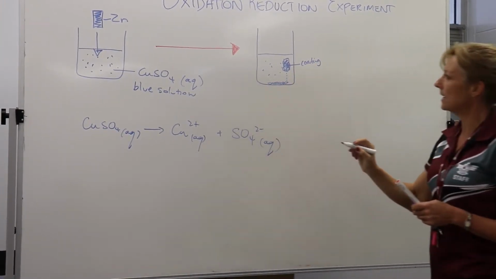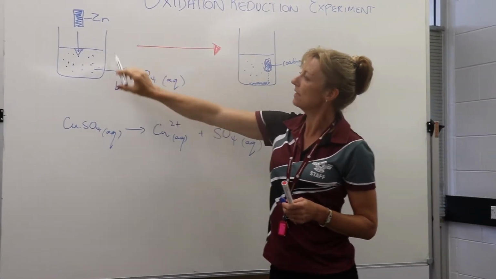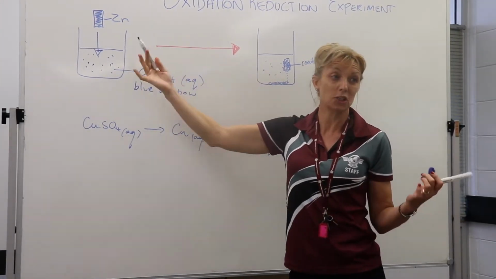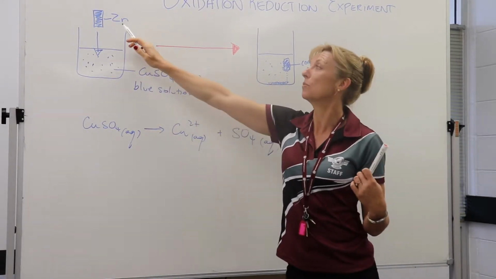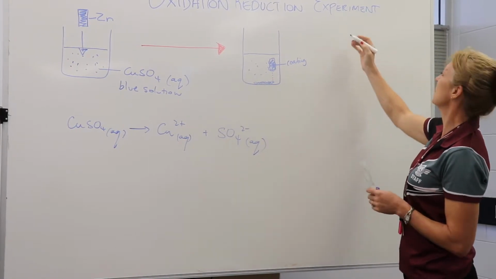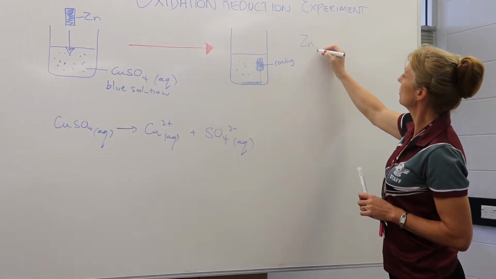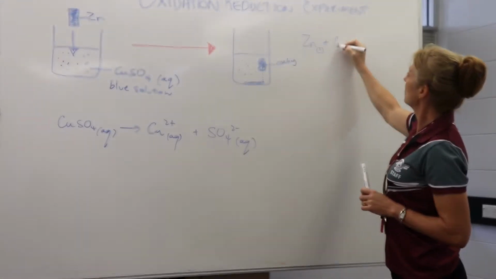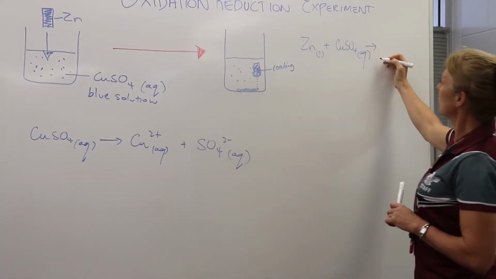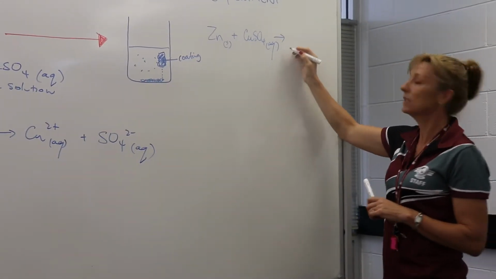So what is happening is this metal must be more reactive than the metal in solution because a reaction occurs. If no reaction occurs, then this metal wouldn't be more reactive than the one in solution. But a reaction does occur. I'm going to write them here so you can see what's happening. If I put zinc solid into copper sulfate solution, aqueous, this is called a metal exchange reaction.